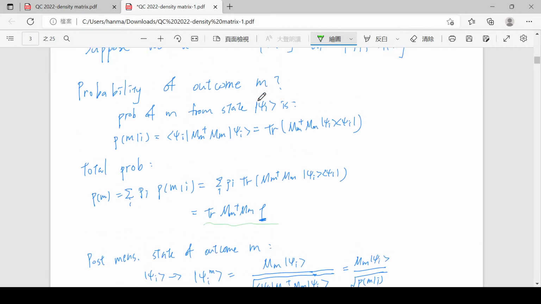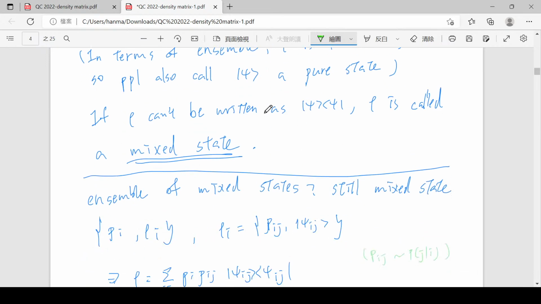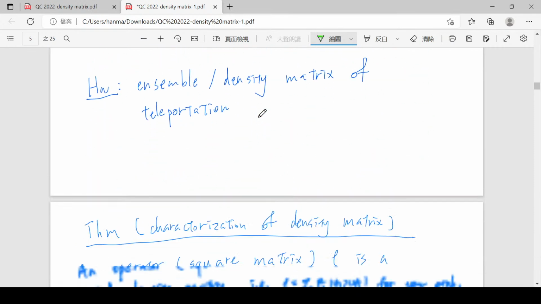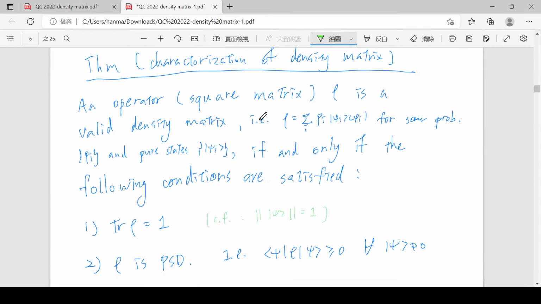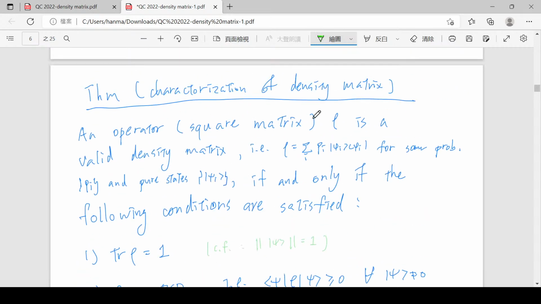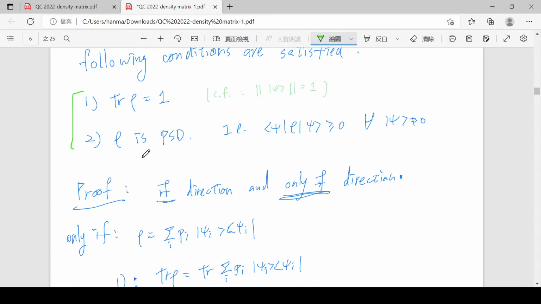Okay. So here we have a derivation that this rho actually describes everything about the ensemble. Then we have this nice theorem that says a density matrix is more of a standalone object, because you can just write down a matrix and check two conditions. You check that it's well normalized, the trace being 1, and that your matrix is positive semi-definite, PSD.